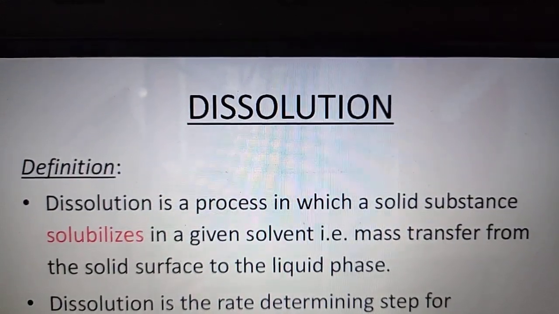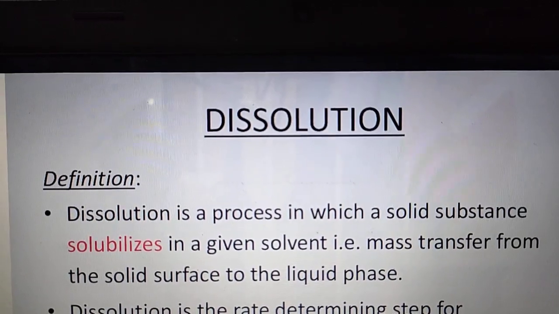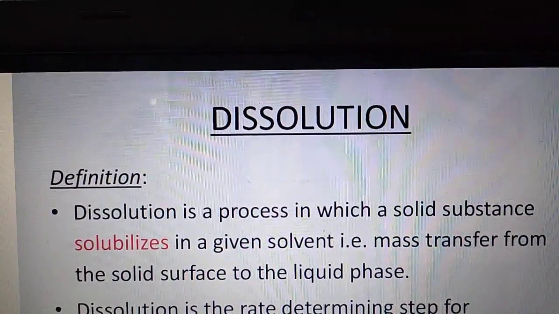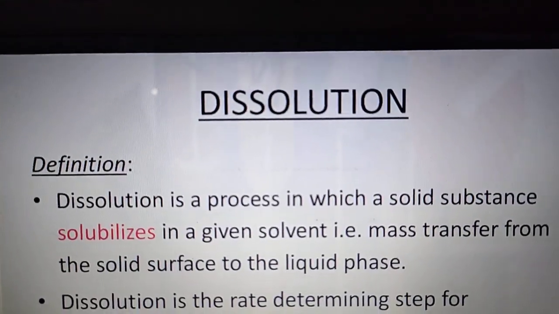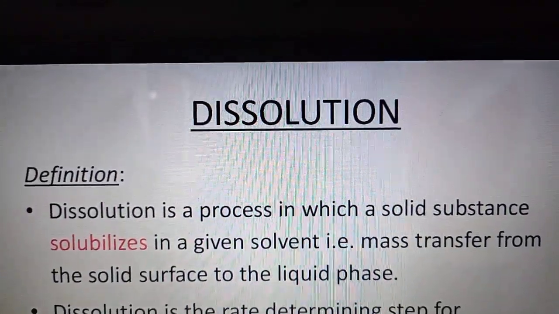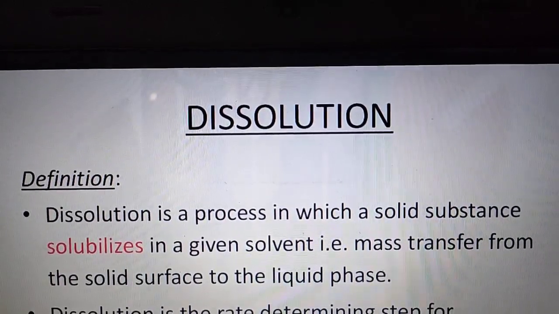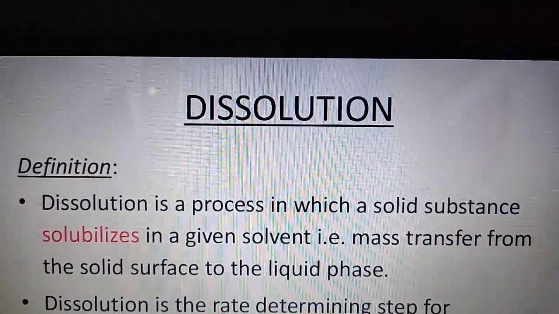Now some of the terms which we are going to revise. You have already studied these terms in your lower classes, just revise them. What is dissolution? Dissolution is a process in which a solid substance solubilizes in a given solvent, that is, mass transfer from the solid surface to the liquid phase, right?